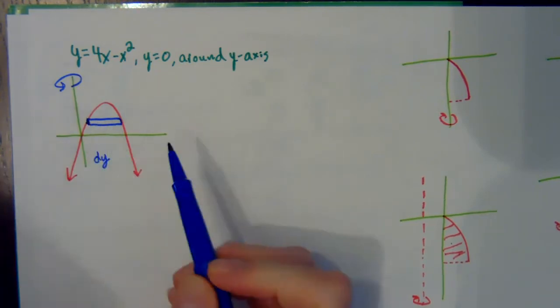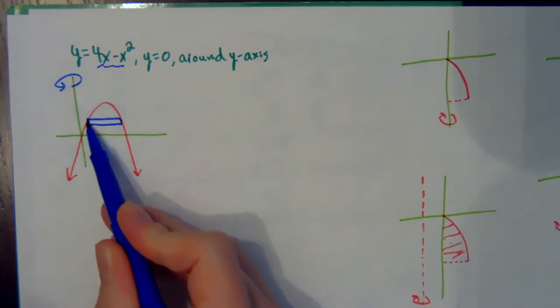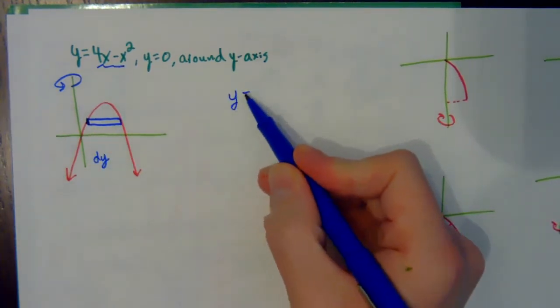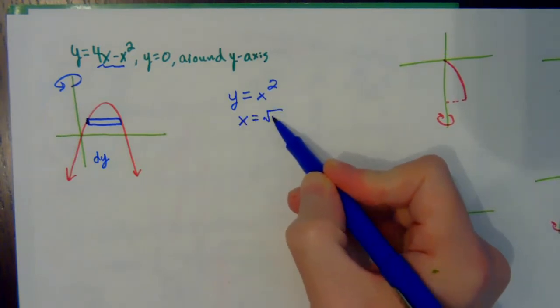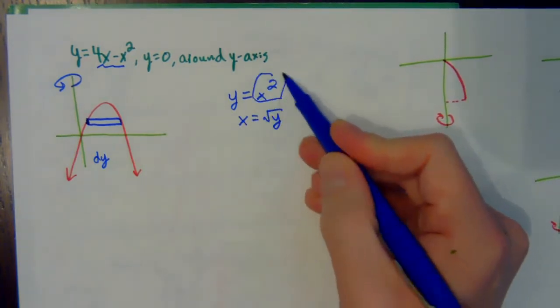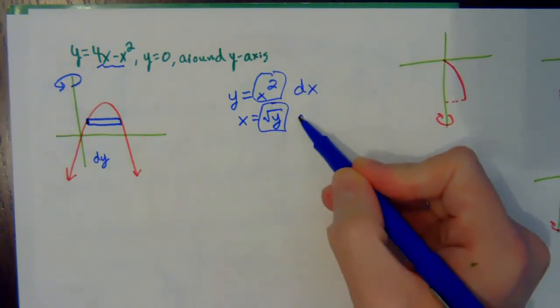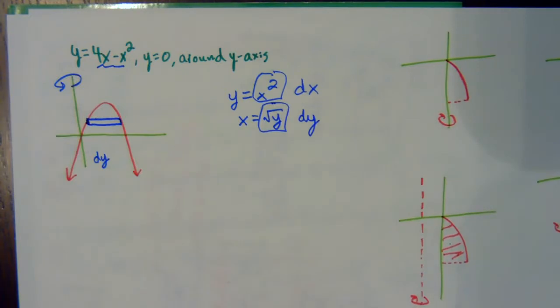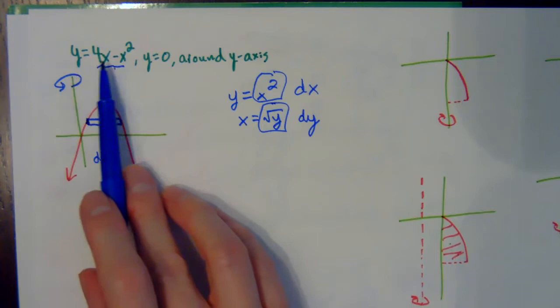Also, the other issue with this is the equation. Look at this equation. If I give you y equals x squared, I can easily make that x equals the square root of y. And so I can use the x version of that equation and make that a dx problem, or I could use a y version of that equation in terms of y, and I can do a dy problem. But this equation right here is y in terms of x's.